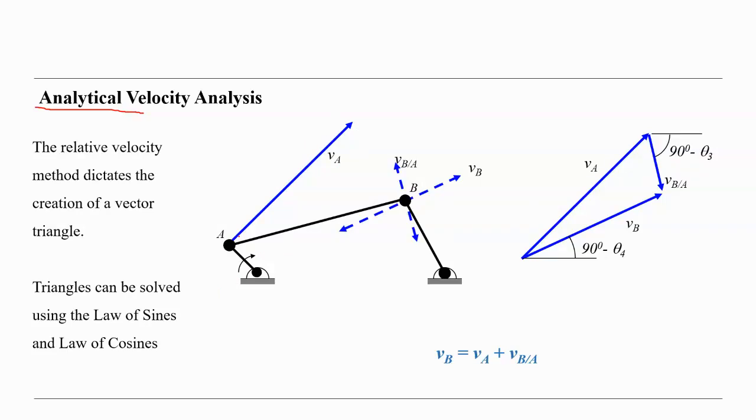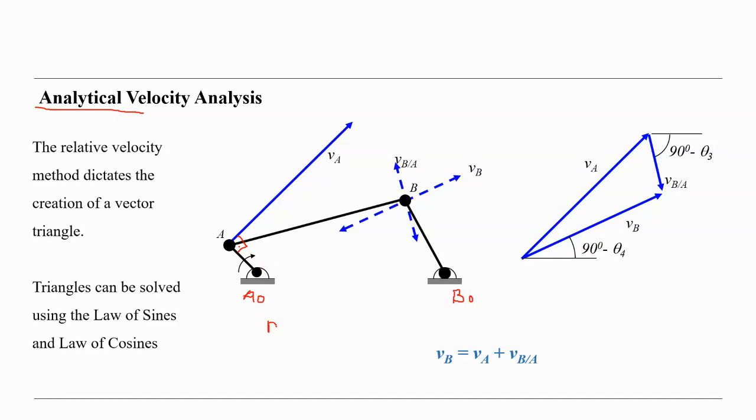We know the direction. The direction must be perpendicular to the A0A, and this is the B and B0 here. And to derive this mechanism, we should know the RPM of the crank, that means A0A.